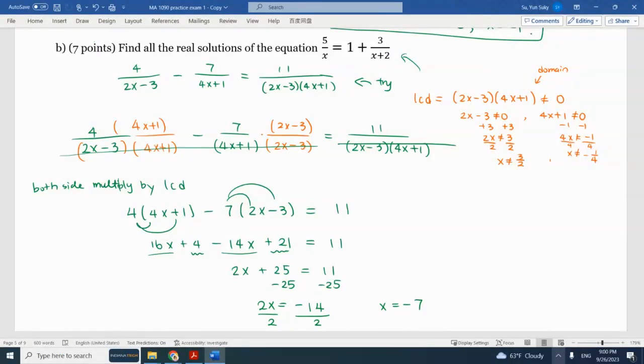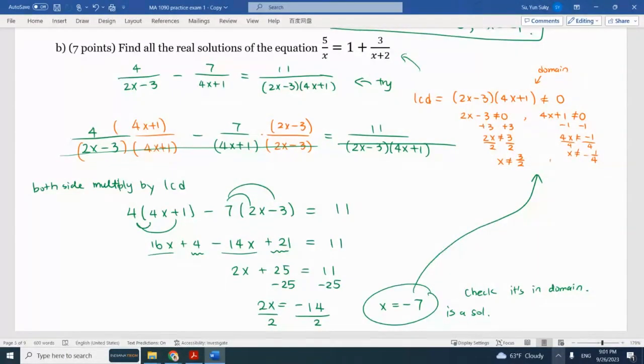It's actually a good number. I just made up the problem randomly, and we get a nice number. And you check: do you see this number is in the domain? Yeah, it's not equal to 3/2, it's not equal to minus 1/4. So this is a solution, and then we finish this problem.